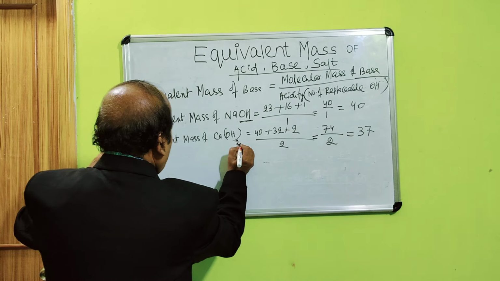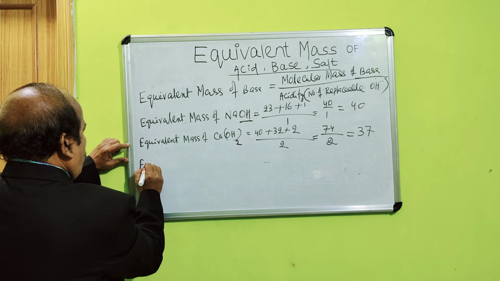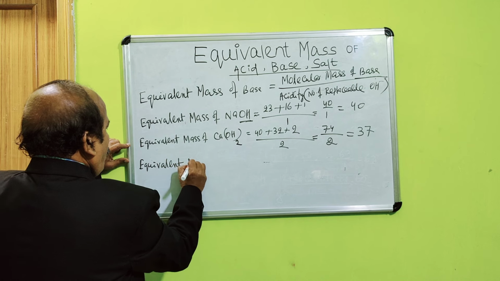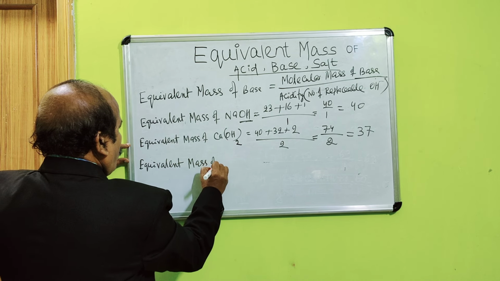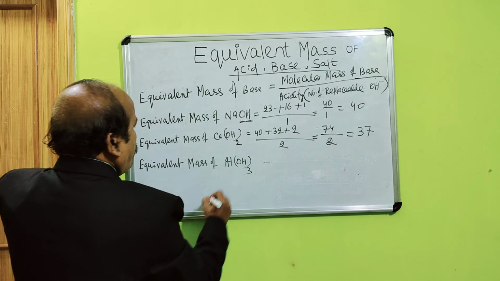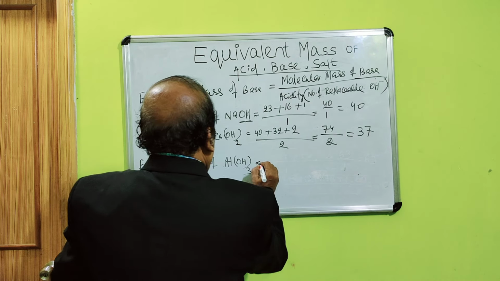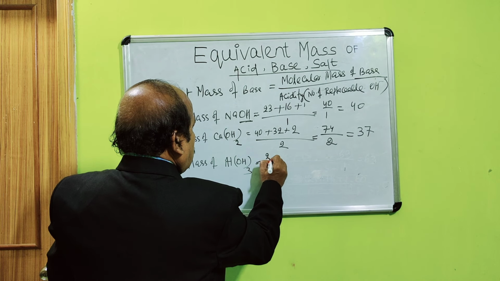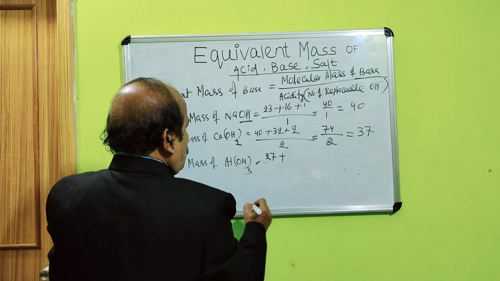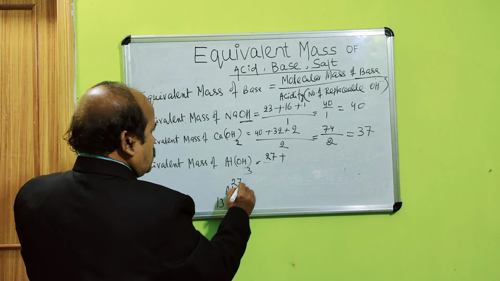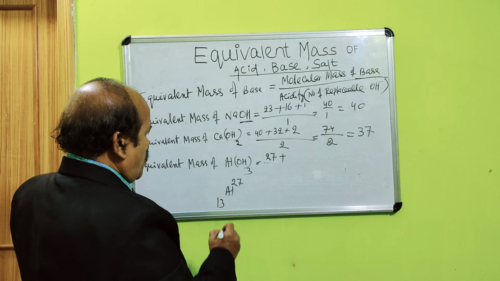Now, equivalent mass of aluminum hydroxide, Al(OH)3. Aluminum atomic number 13, mass number 27, so 27.